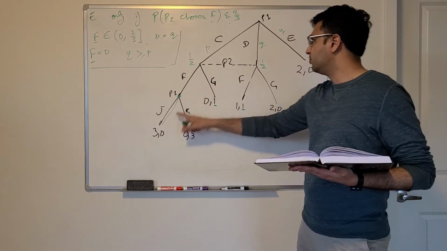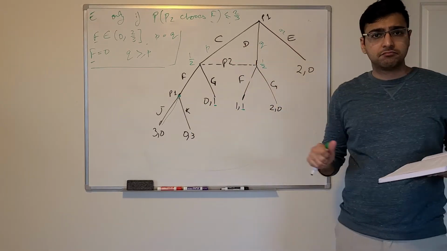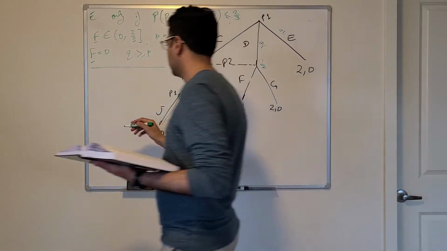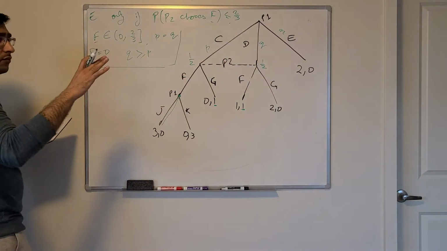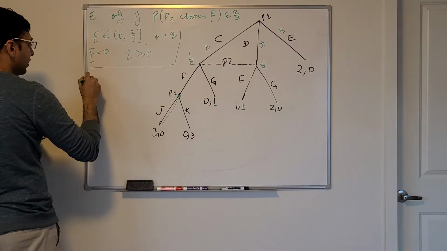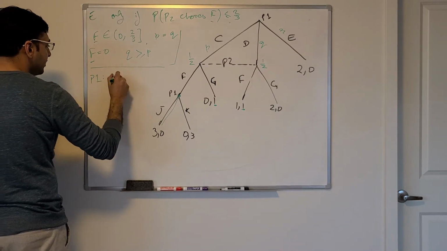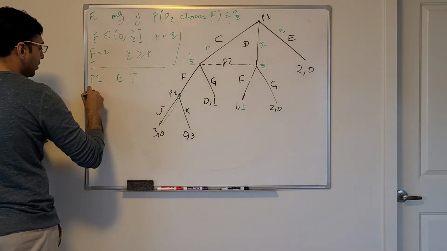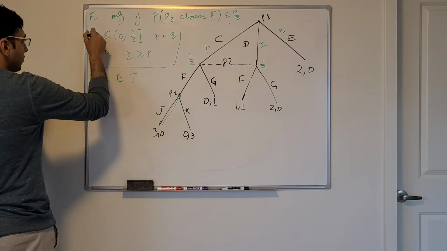And player 1 always chooses EJ in this. So one set of sequential equilibria is where player 1's strategy is EJ and player 2's is like this.